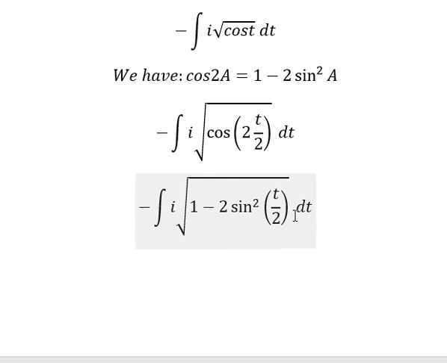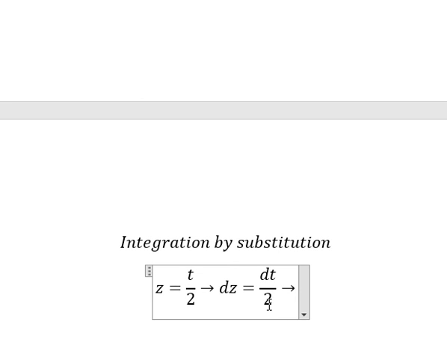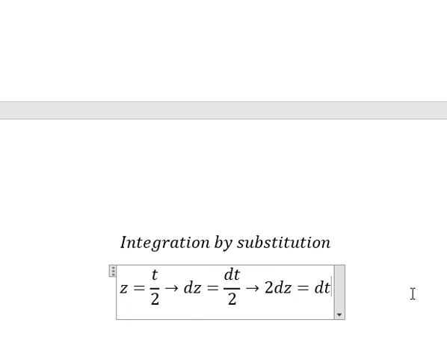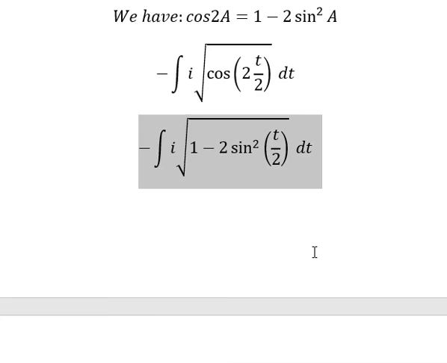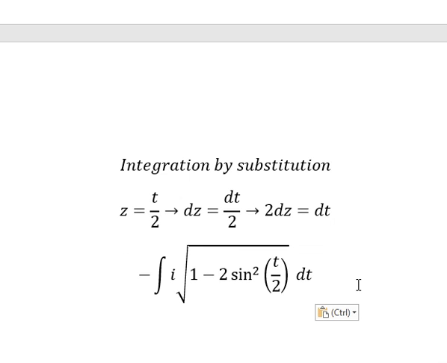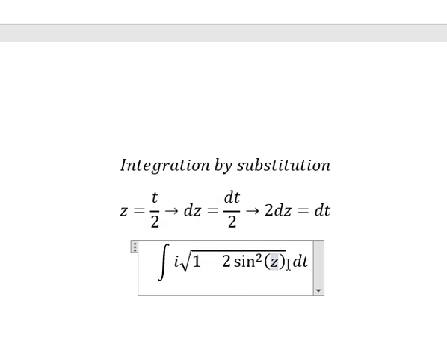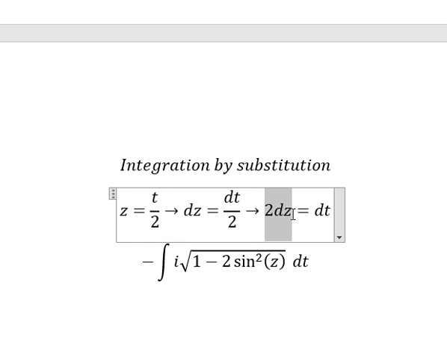Because we don't have number 2, we need to put this one to the left. This one is about z dt, which is this one.